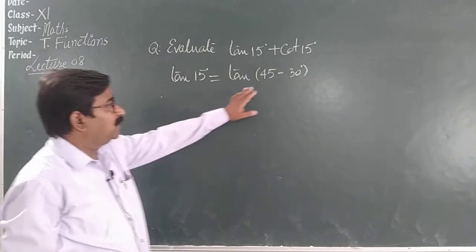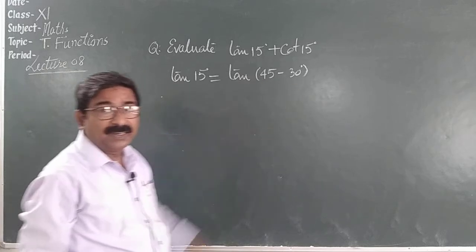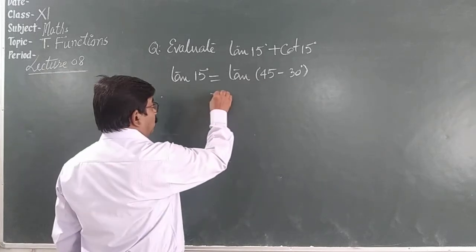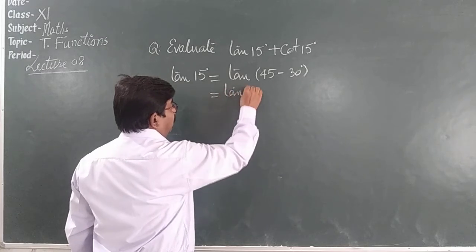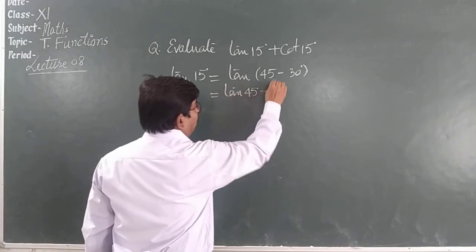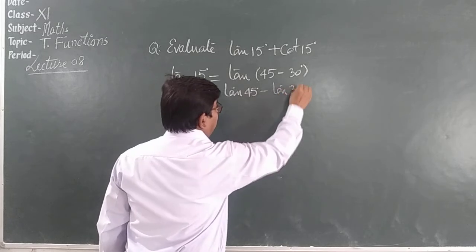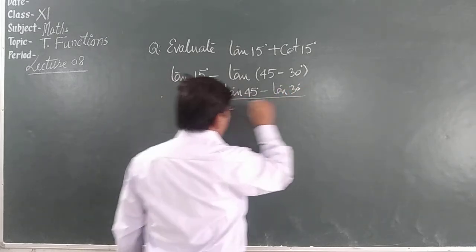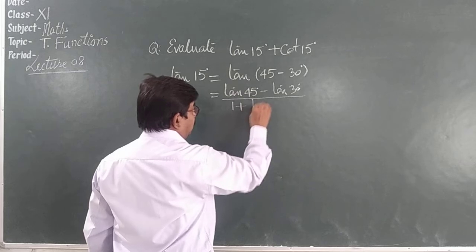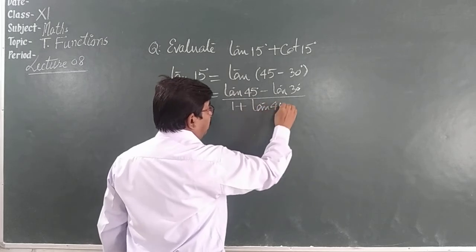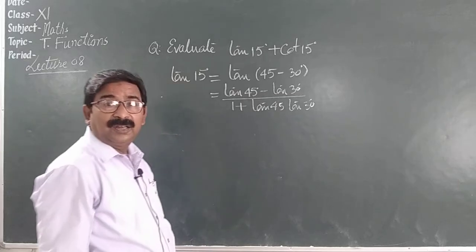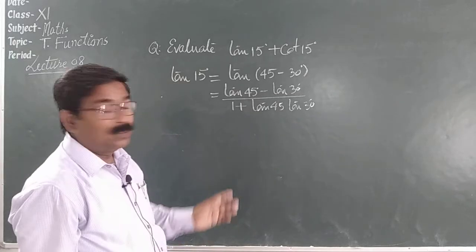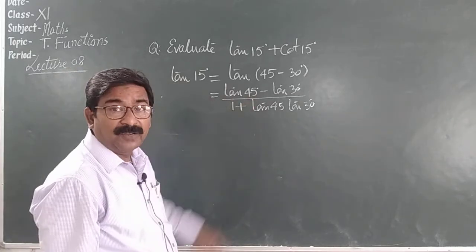This can be broken in the form of tan(A minus B), so this is tan 45 minus tan 30 upon 1 plus tan 45 tan 30. Got it?